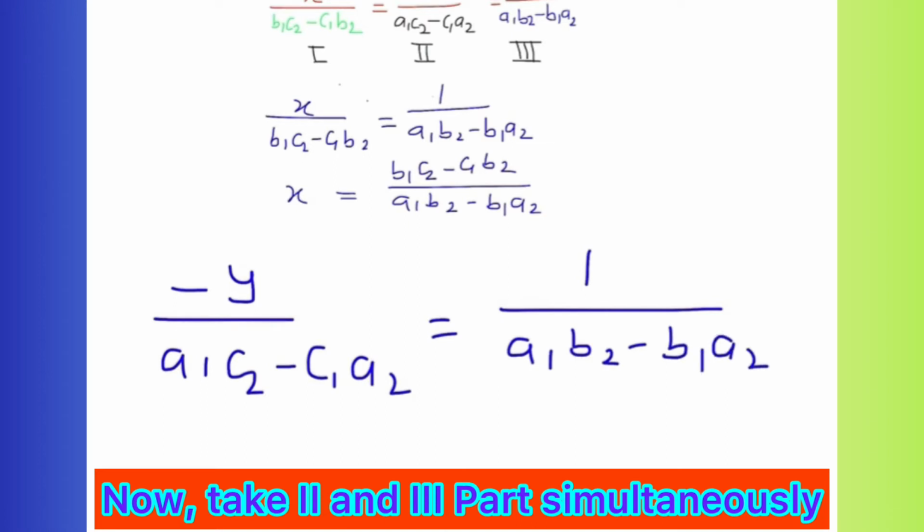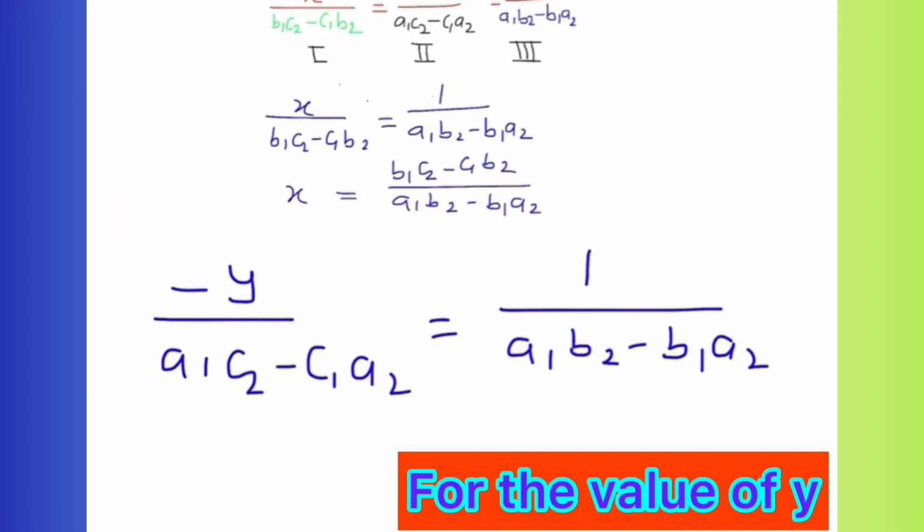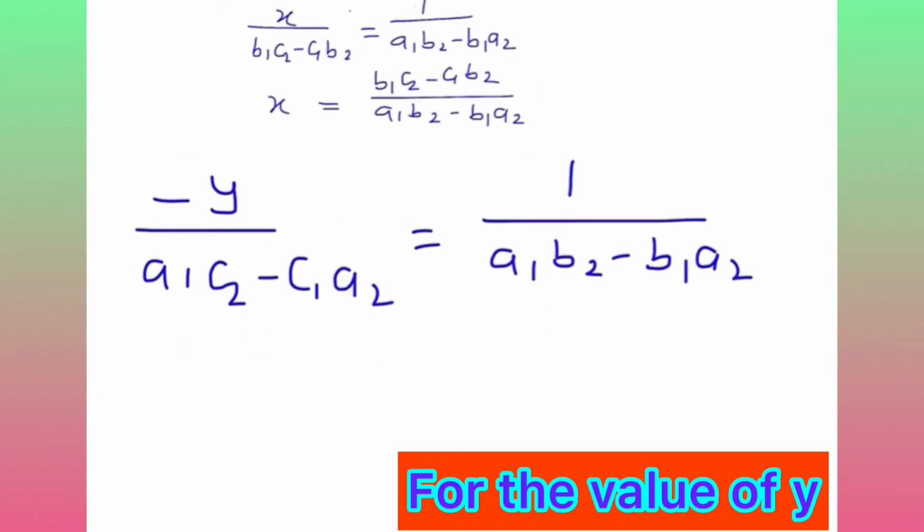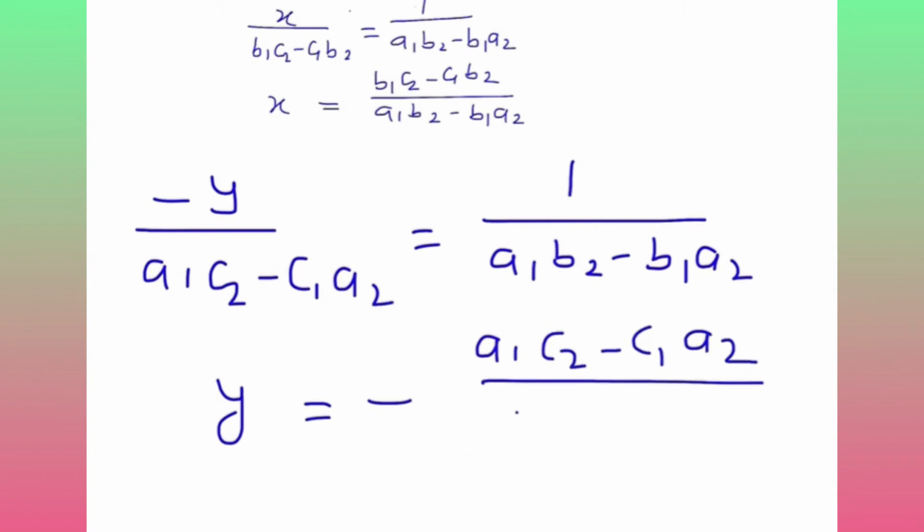So again you transpose this denominator to the right hand side. So dear, you will get the value of y equal to minus a1 c2 minus c1 a2 upon a1 b2 minus b1 a2. So this is the value of y.